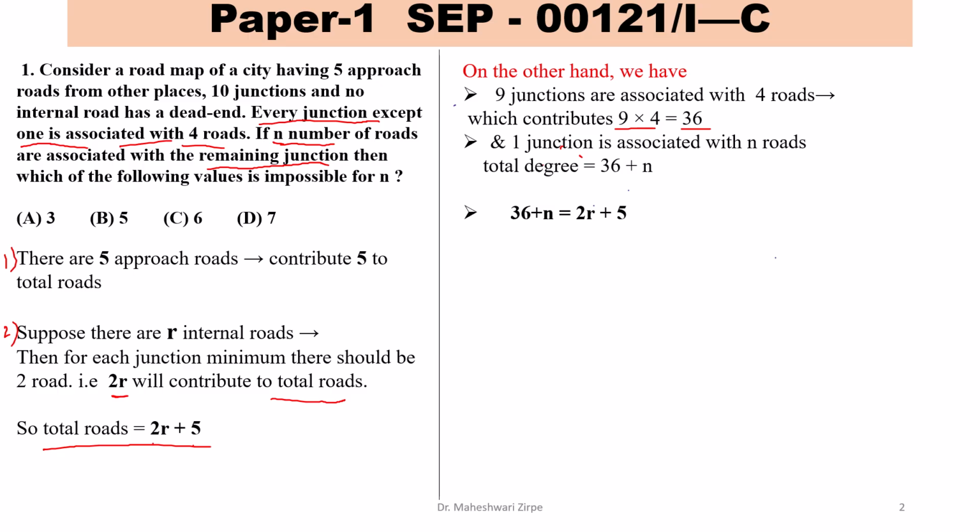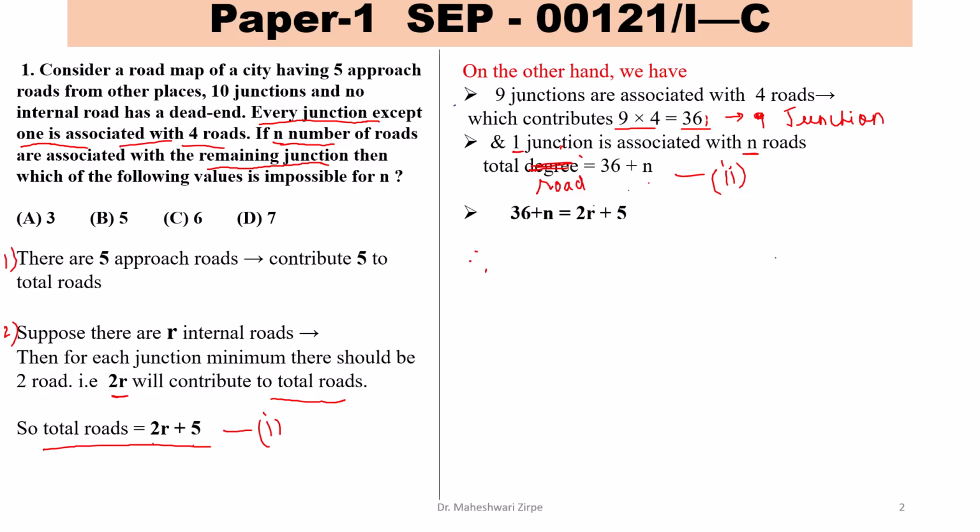These are the 36 roads for 9 junctions, and n we are saying is associated with 1 junction. So the total will be 36 plus n. Now if these are the total roads, this is our equation number 2, and equation number 1 should be equal to it, because both are the total number of roads. That means what?